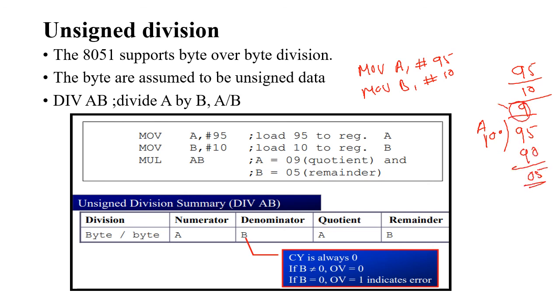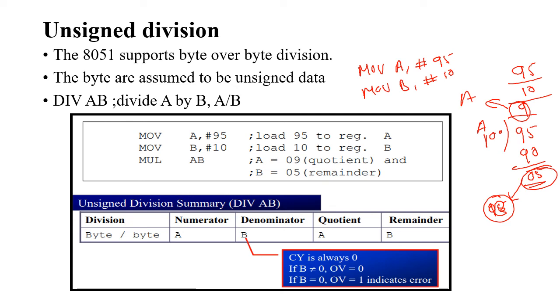This 9 will be stored in the A register and this 5 will be stored in the B register. The B register will have the remainder and the A register will have the quotient.